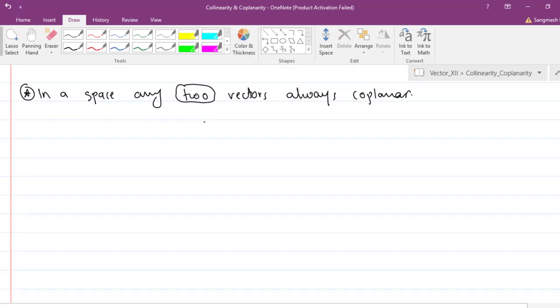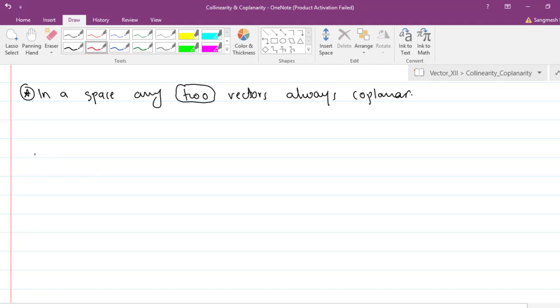In the lower class you have already studied regarding the resultant vector. Okay, see here, suppose you have the vector a bar, b bar, then you can directly take the resultant vector of those two vectors. And that is the base for our theorem number 2.